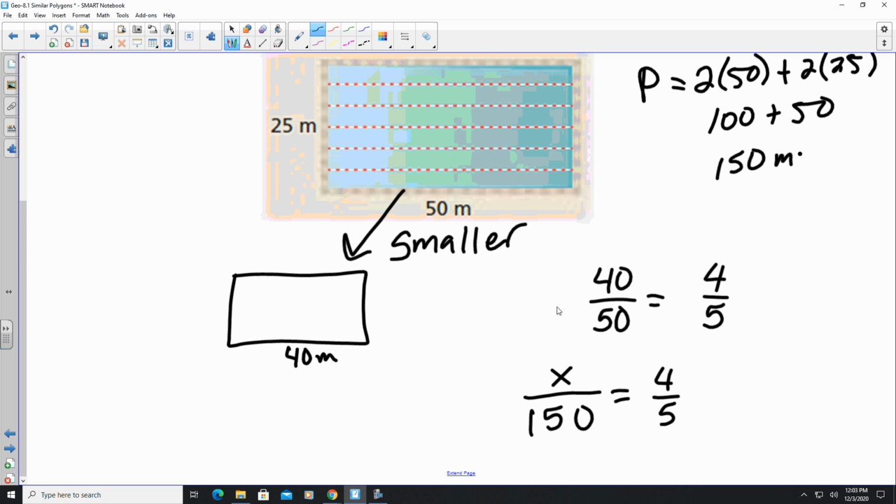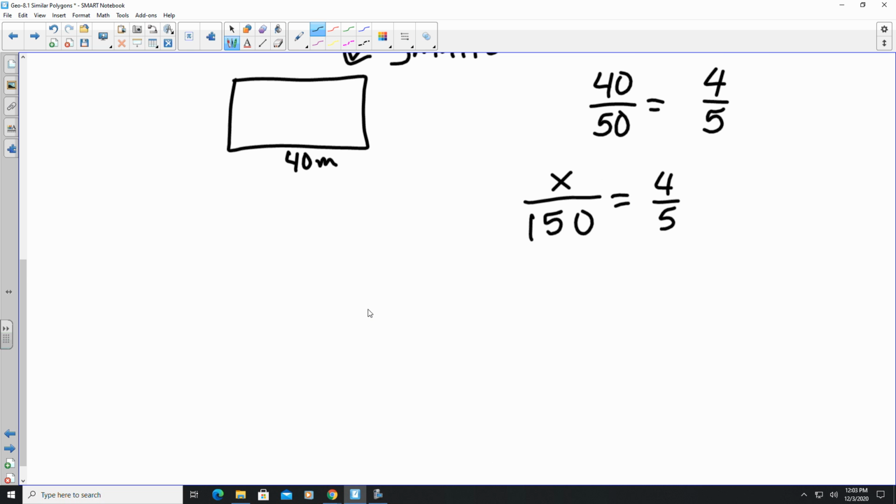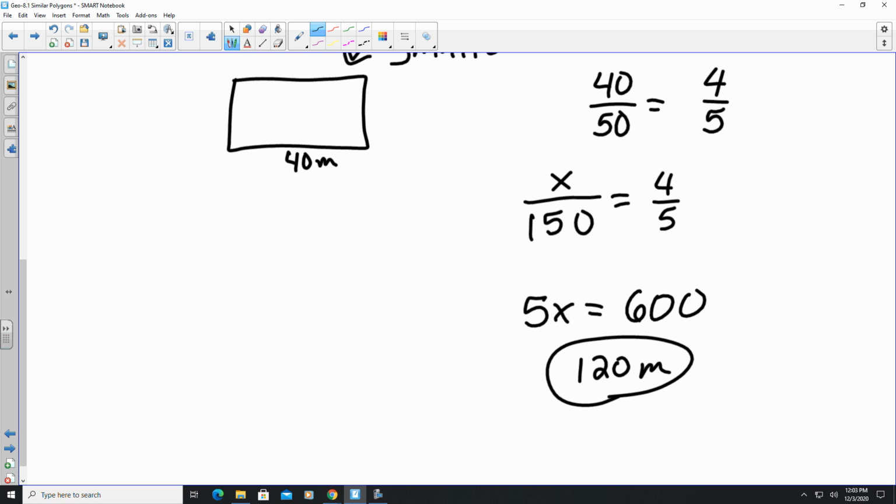Then when I do the cross products, we can get the perimeter for the new pool, or at least the similar pool being built. So this is going to be 5x is equal to 150 times 4, which is 600, divided by 5, which is 120 meters. So the pool that is getting built has a perimeter of 120 meters.